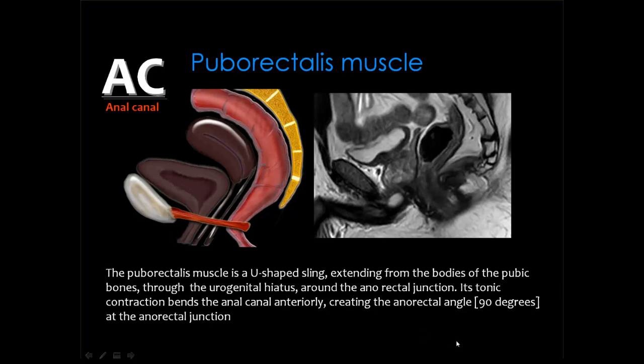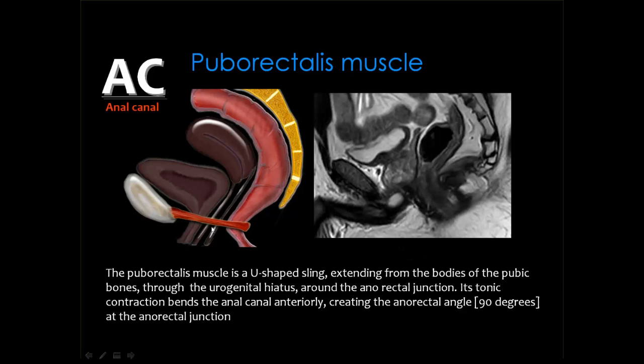Then if you have the sagittal image, and you look posterior to the anal canal, you can see what looks like a mass, of low signal similar to the rest of the skeletal muscles, and this is that part of the puborectalis muscle while it is going around the anorectal junction.